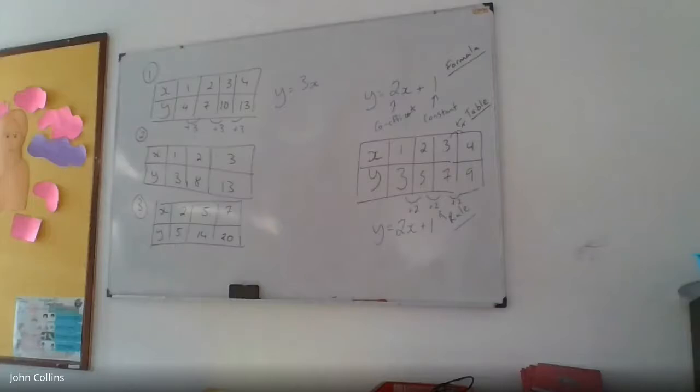3 times 1 is 3, plus 1 is 4. Okay, so that works for the second. 3 times 2 is 6, plus 1 is 7. 3x plus 1.